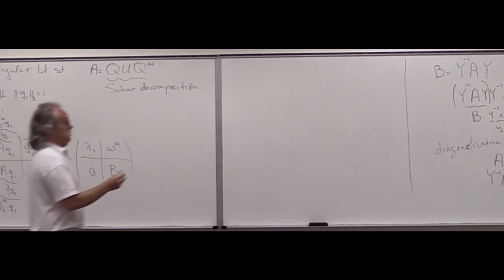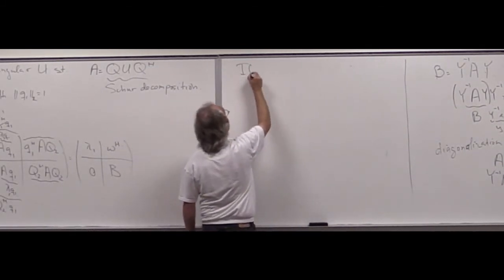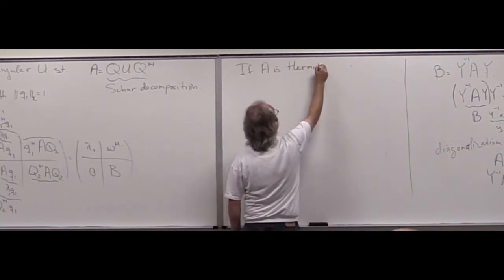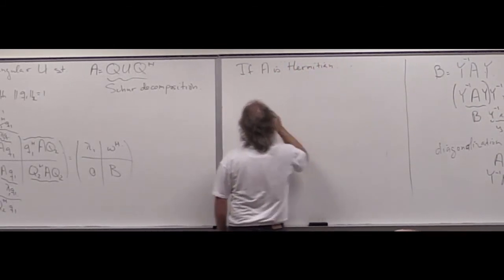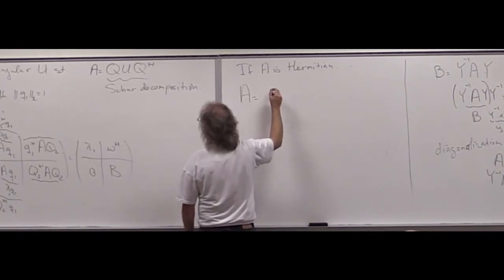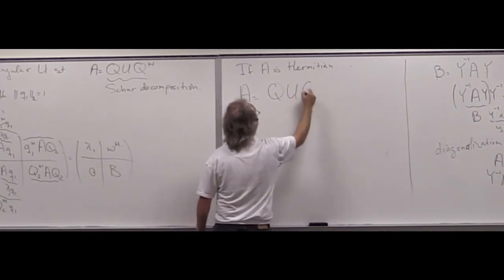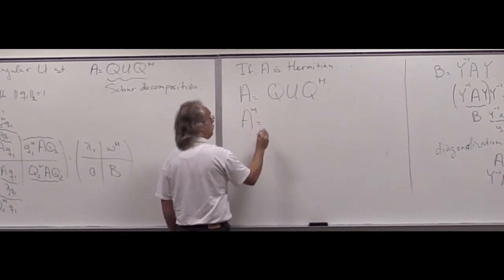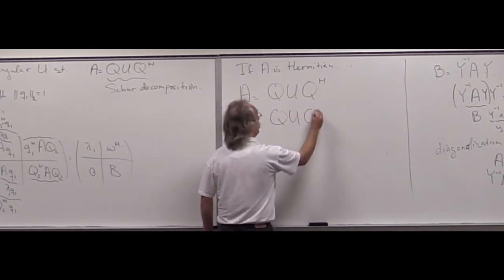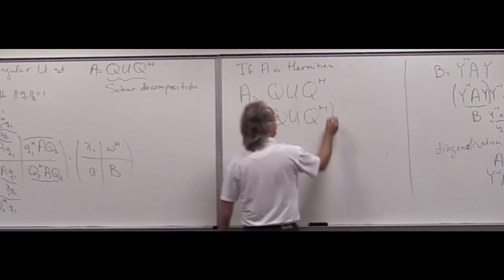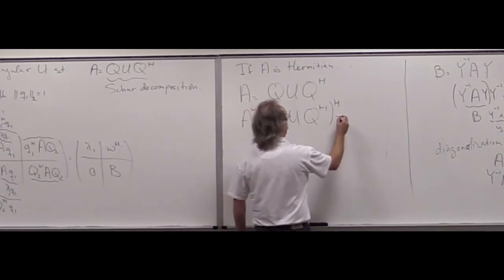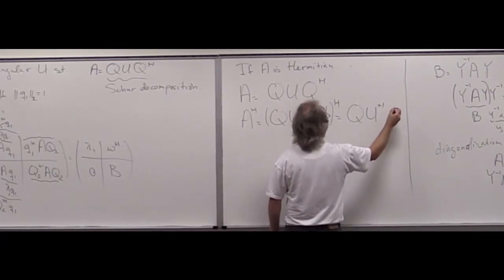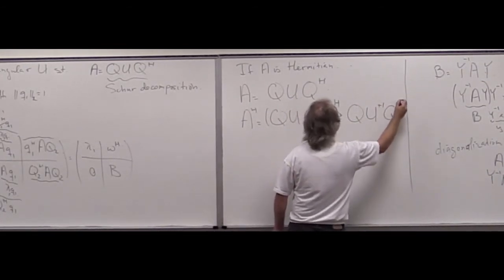Now, if A is Hermitian, then A is equal to Q U Q Hermitian transpose, and A Hermitian transpose is equal to Q U Q Hermitian, Hermitian, which is equal to Q U Hermitian Q Hermitian.